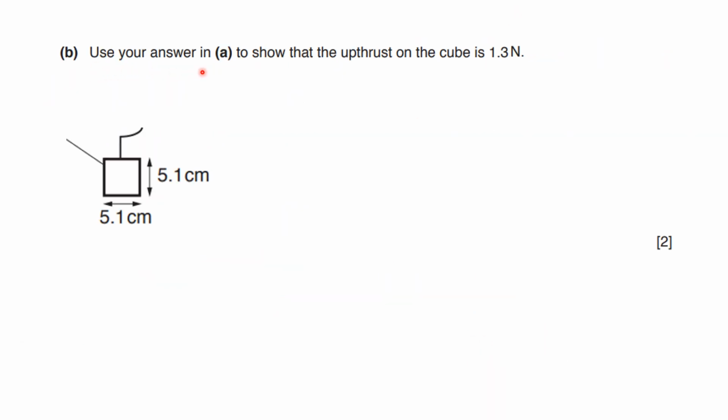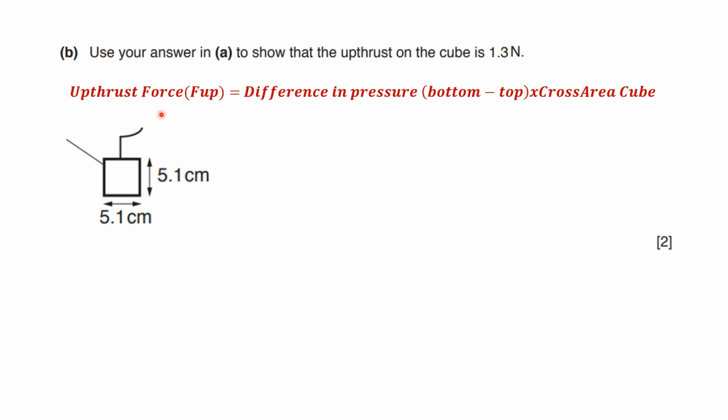Question B. Use your answer in A, 500 pascals, to show that the upthrust on the cube is 1.3 newtons. The upthrust force is equal to the difference in pressure between the bottom and the top times the cross-sectional area.